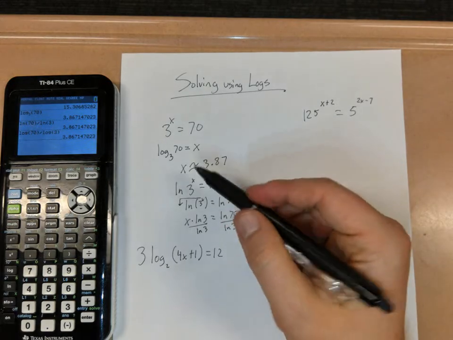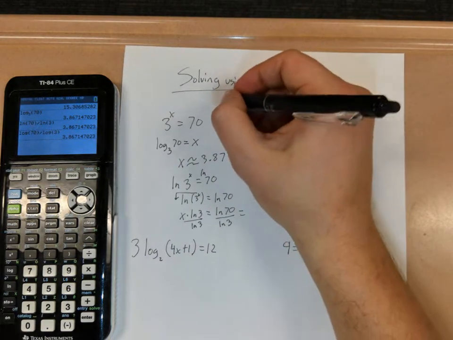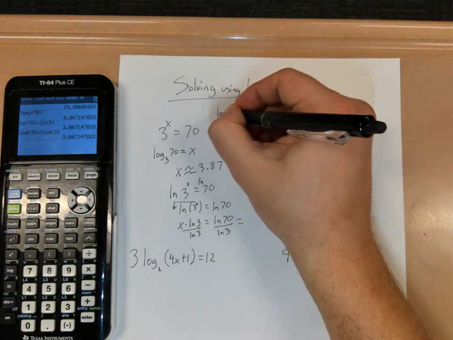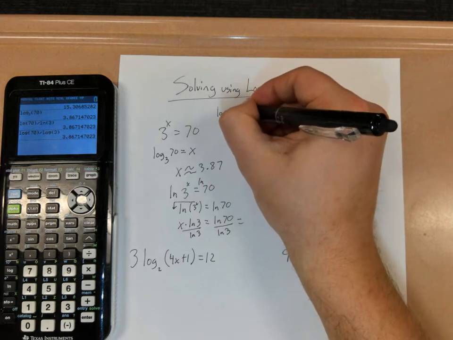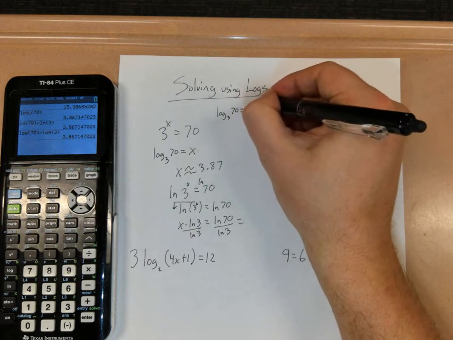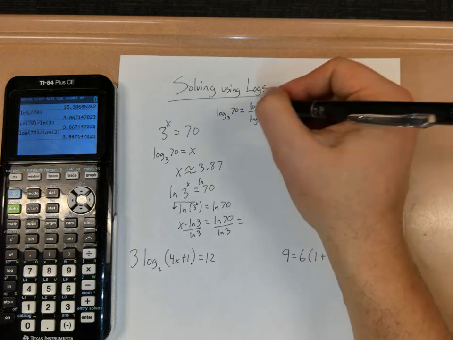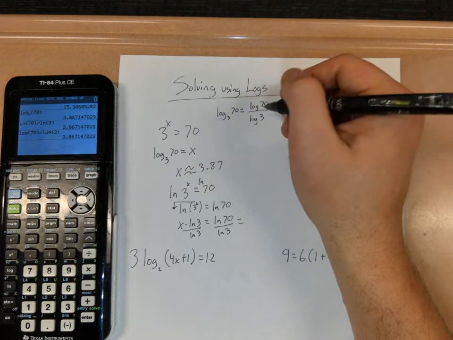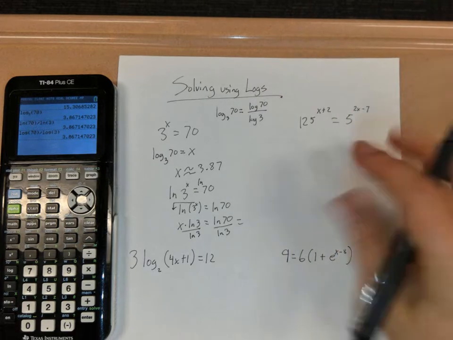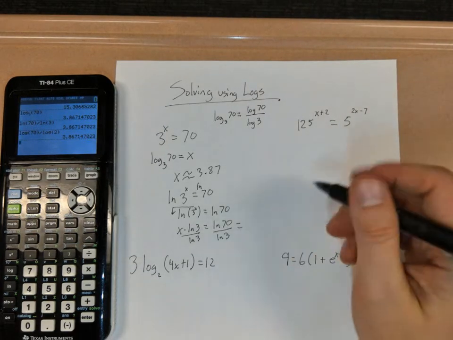And also note that log base 3 of 70 is equivalent to the log of 70 divided by the log of 3. That's just using the change of base equation, which is also in one of my videos. So that's how you can solve the first one.